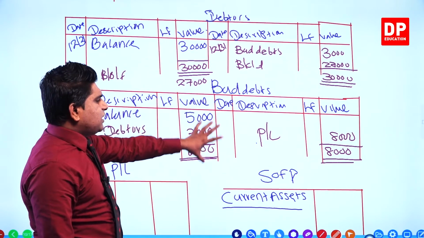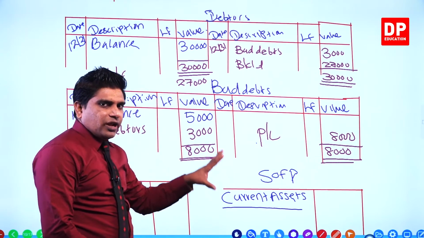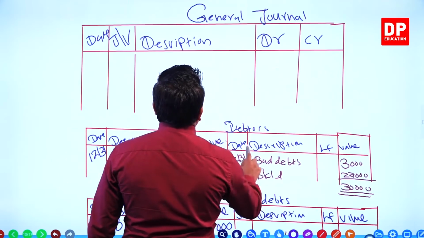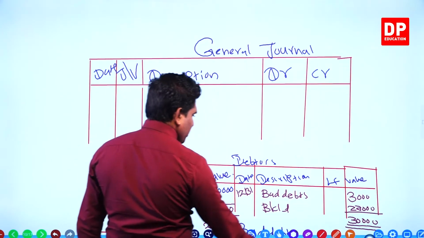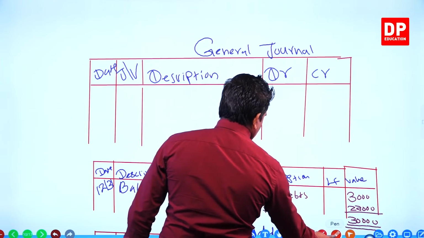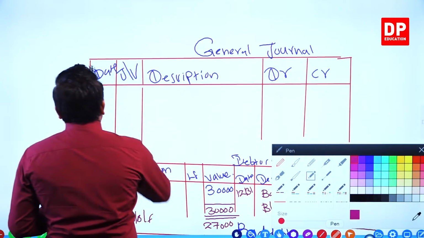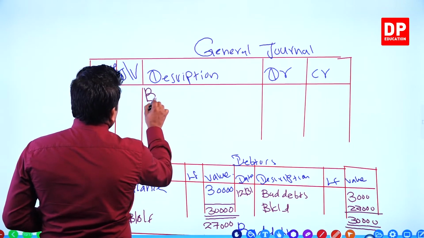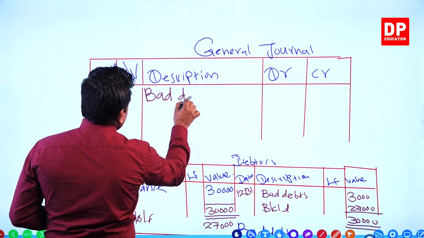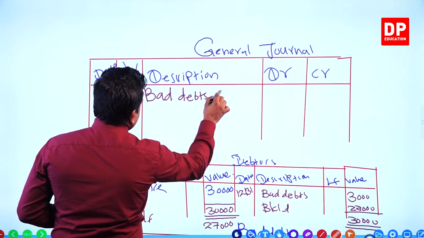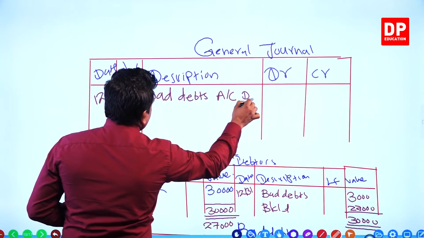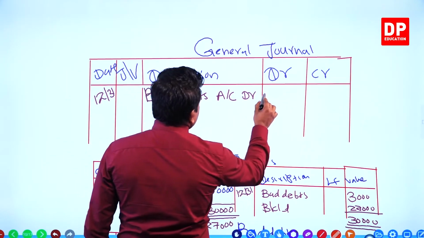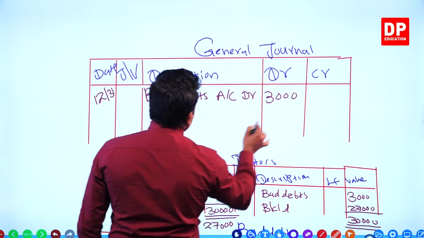Before you enter these details in the financial statement, you must record them in the general journal. So we write the double entry in the general journal. How? Bad debts account debit. Only the adjustment, right? 12/31st. Bad debts account debit, only this 3,000, right? The 5,000 is already recorded.